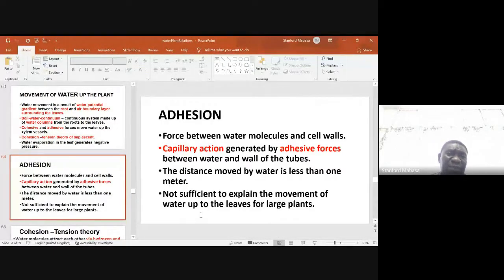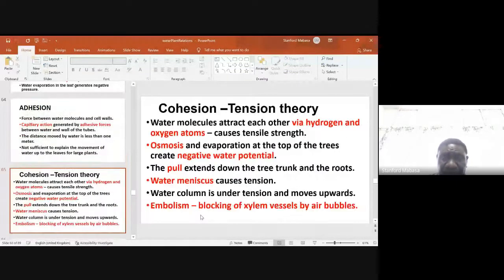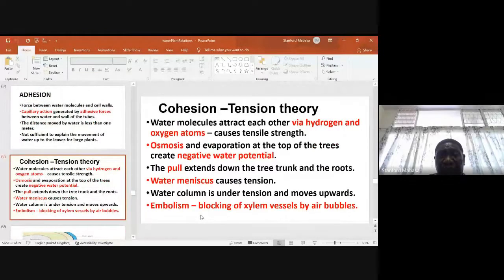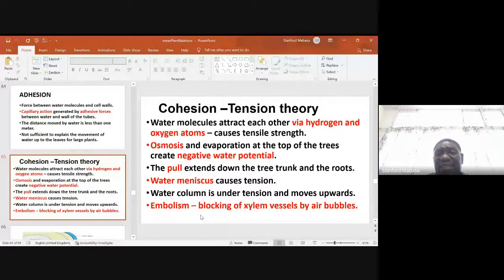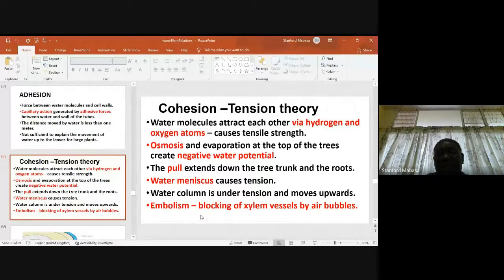But for short plants, probably adhesion is sufficient to explain what is happening. But the cohesion tension theory can actually account for the actual movement within the stem up to the leaves.